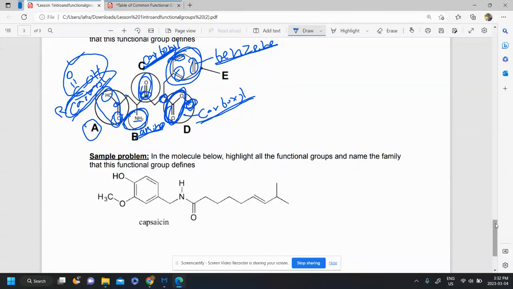So let's try some of this out. We'll start on this end here. Nice, easy one to identify, OH. That would be our hydroxyl group, which would make an alcohol if it was your only functional group there. So it is acting as an alcohol. Here we have the O and then a carbon chain on both sides. That's an interesting one.